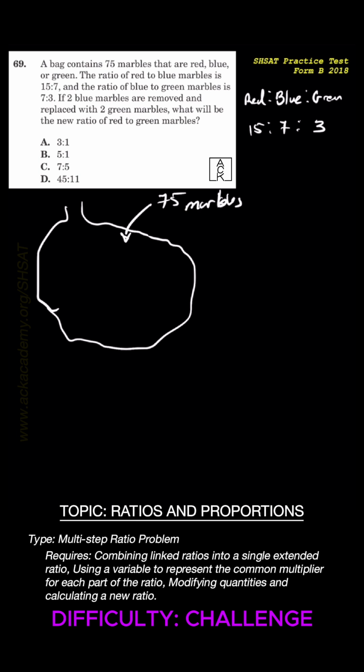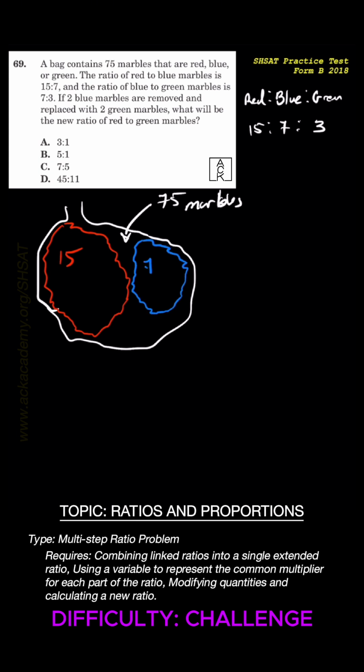And a portion of the bag is red. Not 15 marbles, but the ratio of red to blue is 15 and 7. So let's say this is some ratio of 15 red, and the ratio of blue could look something like this, perhaps.